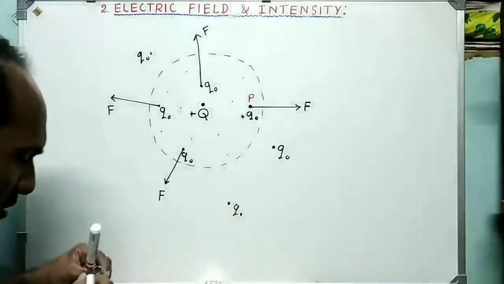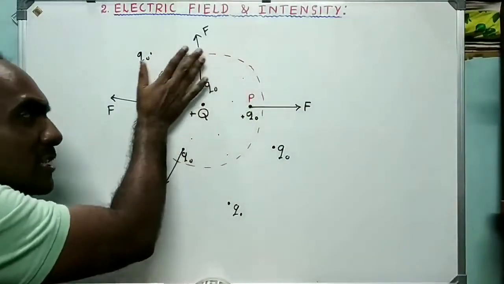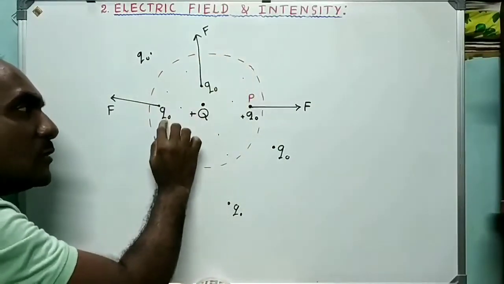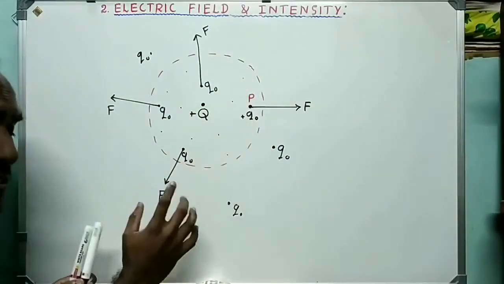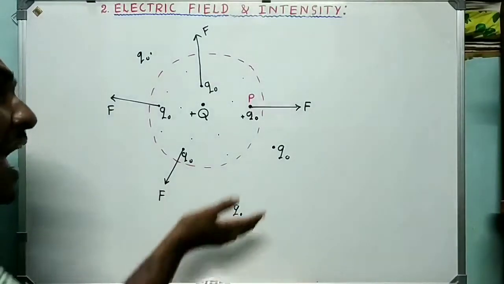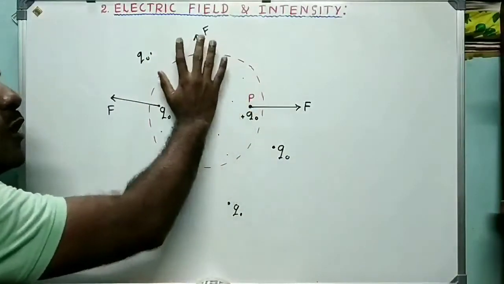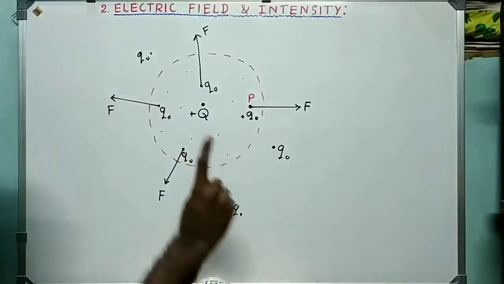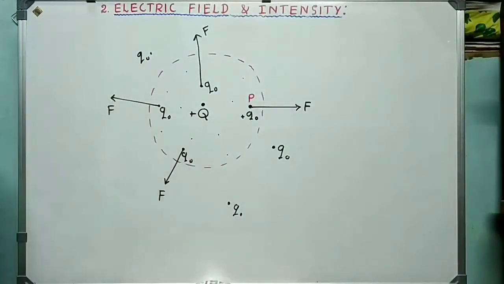This means what? Only in this particular region, the Q0 test charge is going to experience the electrostatic repulsive force, and this region is called what? Electric field of this charge. Getting the idea?